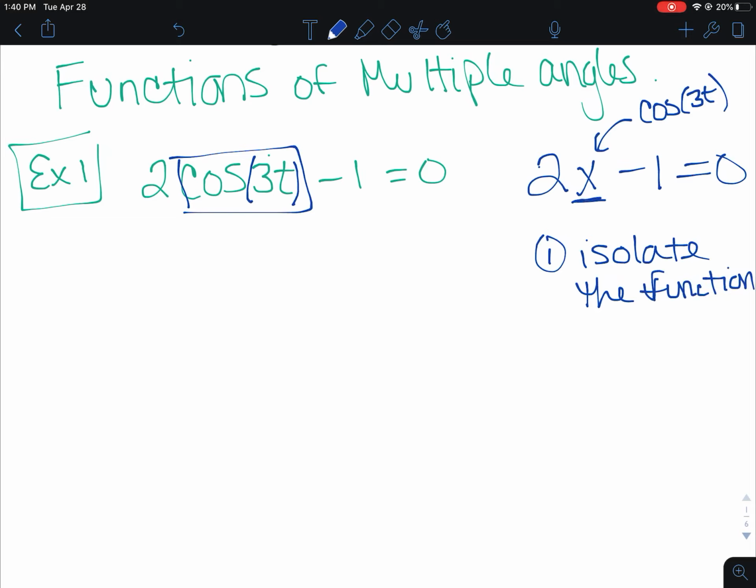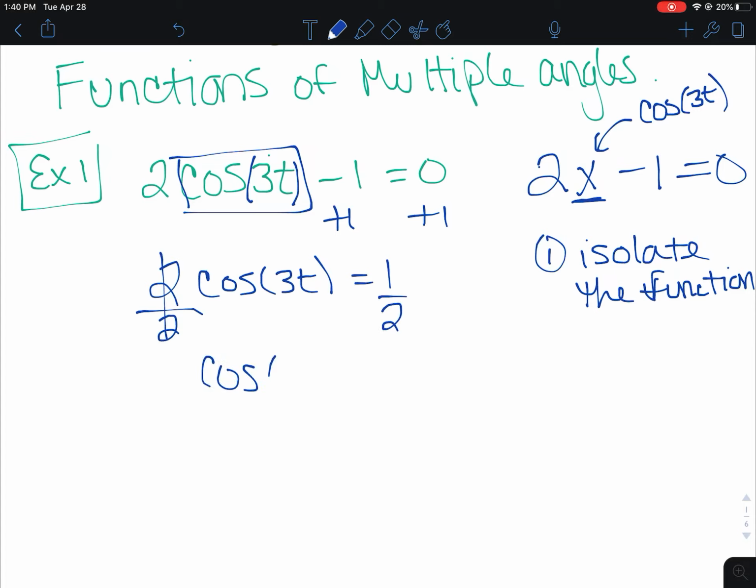Essentially we're isolating this x, right? So I'm going to add 1: 2 cosine of 3t is equal to 1. Divide by 2. So the cosine of 3t is equal to 1/2. So I've isolated the trig function.